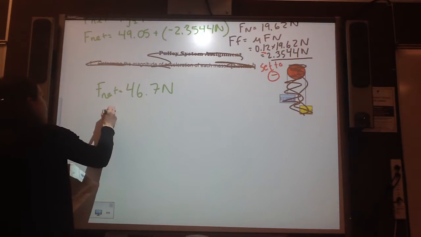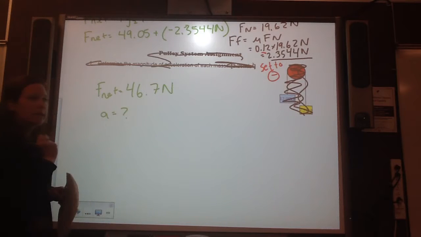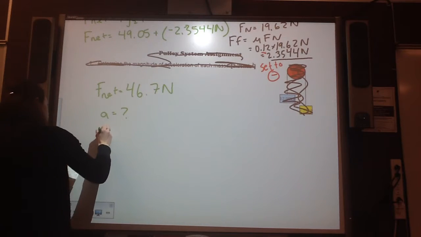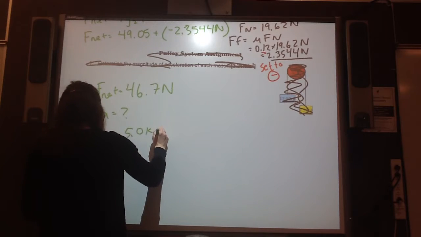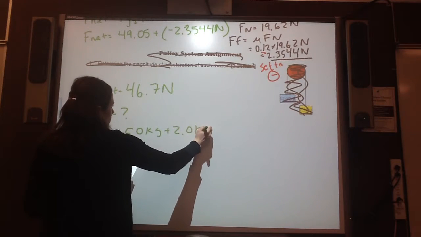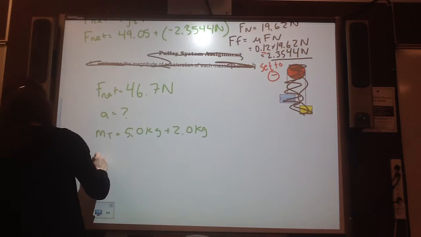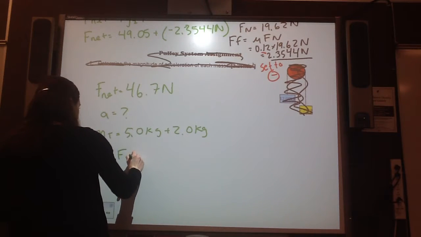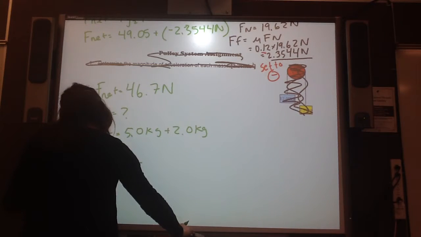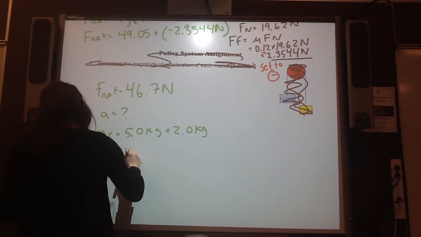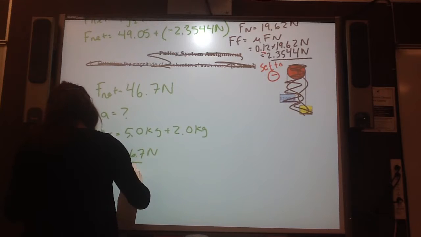So what I'm trying to find is my acceleration. Well, I need to use my total mass. So mt will equal 5.0 kilograms plus 2.0 kilograms. So a is equal to F net divided by 7 kilograms. So 46.7 newtons divided by 7.0 kilograms.